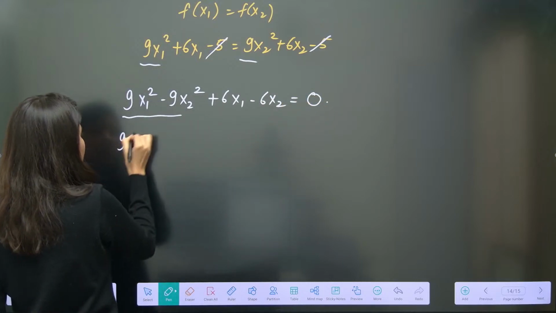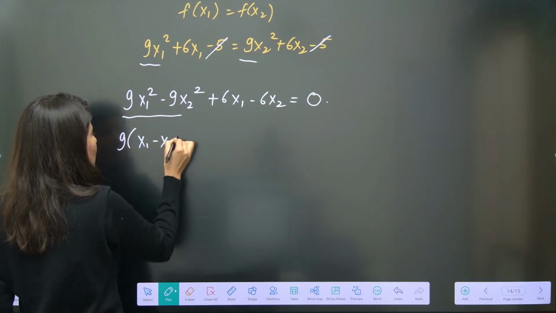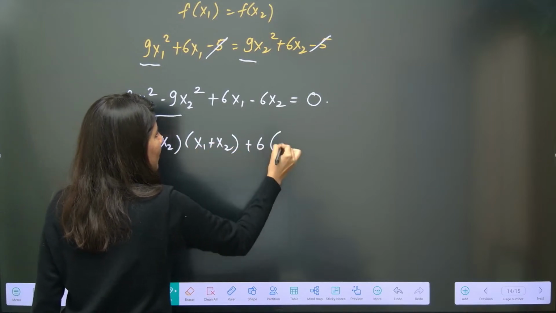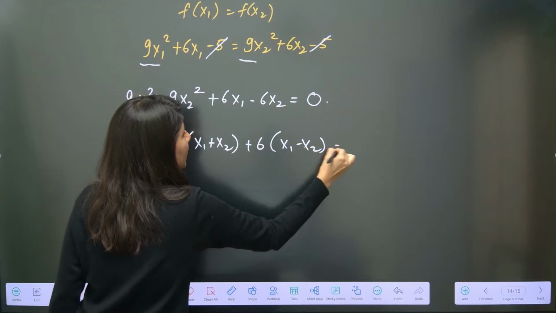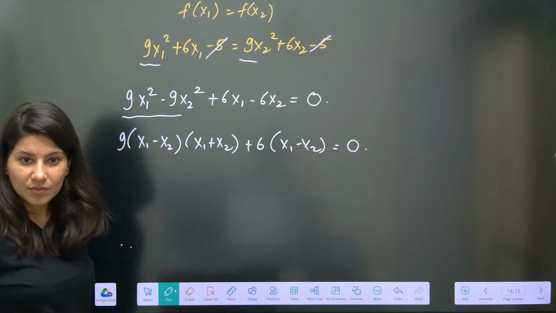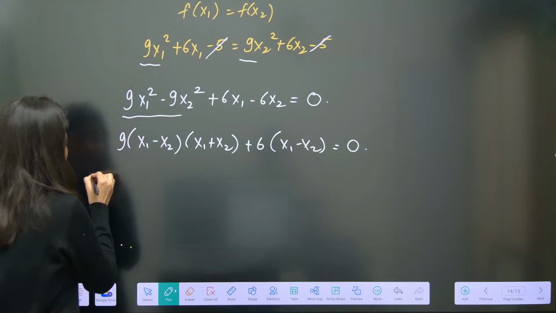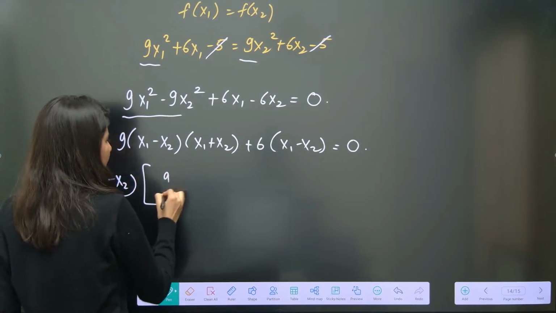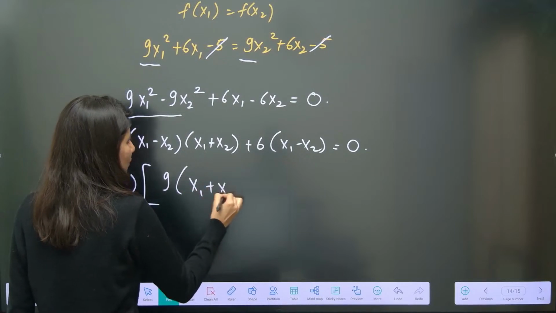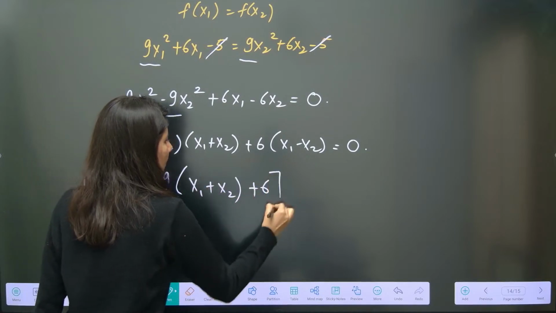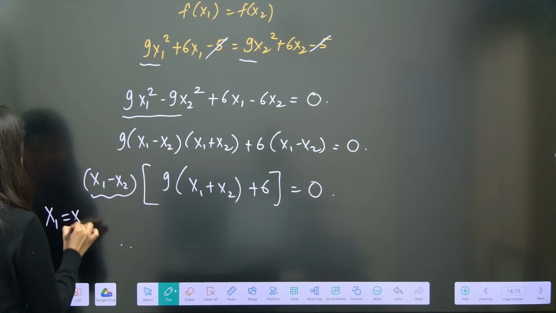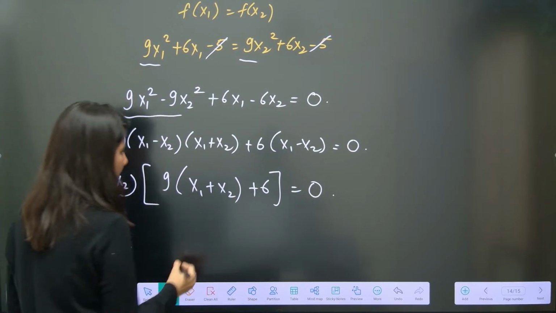So 9(x1 minus x2)(x1 plus x2) plus 6(x1 minus x2) equals 0. Clear? x1 minus x2 I can take common. So what I'll be getting is 9(x1 plus x2) plus 6 equals 0. This is x1 equals x2 and this will be what?